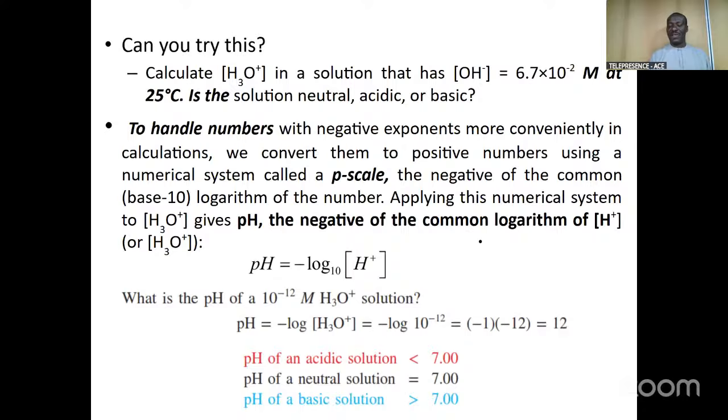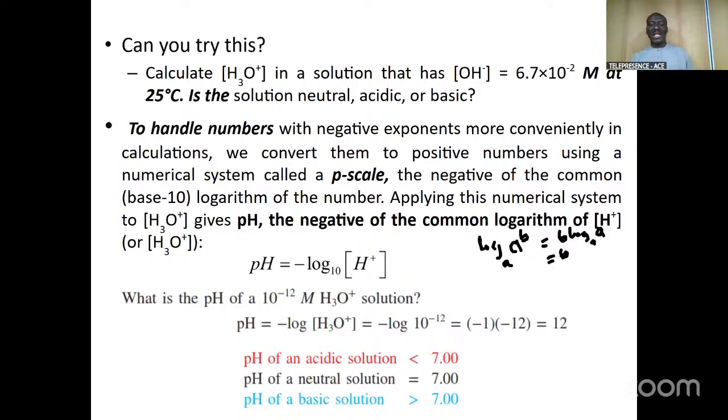For example, if you have log to base A of A raised to power B, that will be equal to B times log to base A of A. Log to base A of A is 1, and so the answer is simply B. That's why the answer is 12, because it's minus 12 and you have a minus at the front, and that gives you plus 12.